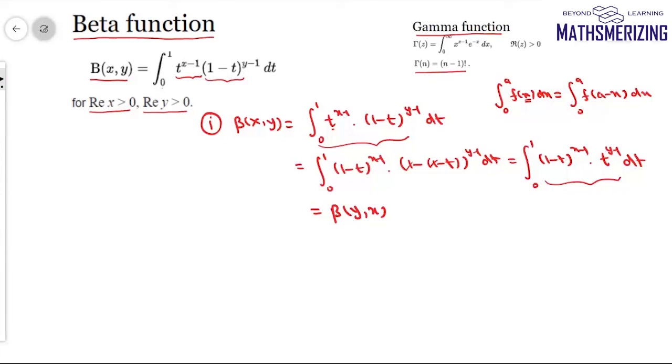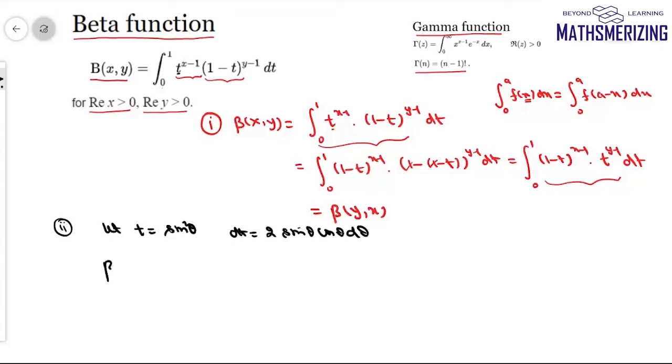Now another way of representing this beta function is in terms of theta. Rather than taking this parameter t, we can represent beta function in terms of theta also. So what we'll do is we'll make a substitution. We'll let t equal sine square theta, then dt is 2 sine theta cos theta d theta.